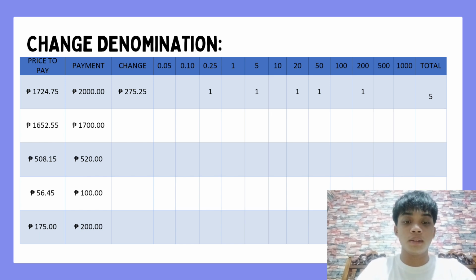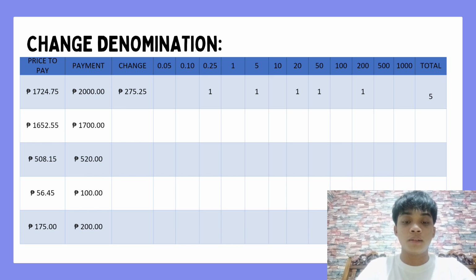100 does not fit in 75.25, and we skip now to 50. 50 fits in 75.25, so we subtract again. So there is only 25.25. 20 fits in 25.25, so there's only 5.25. 10 does not fit in 5.25, so we skip now to 5.